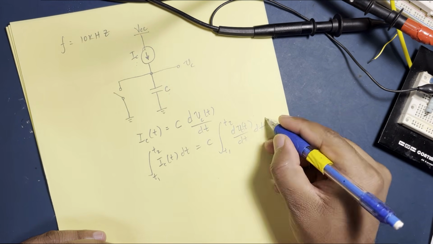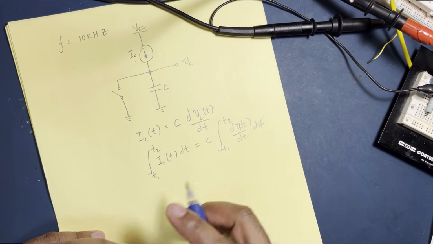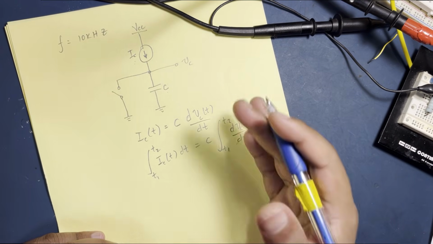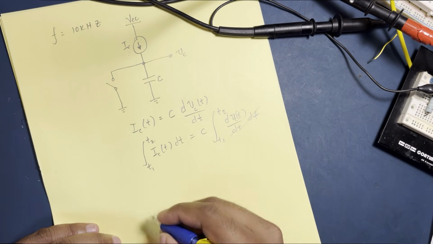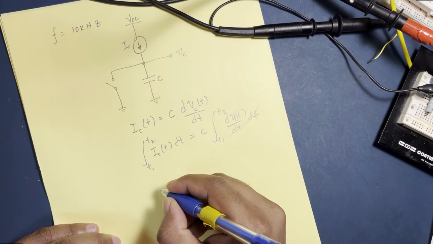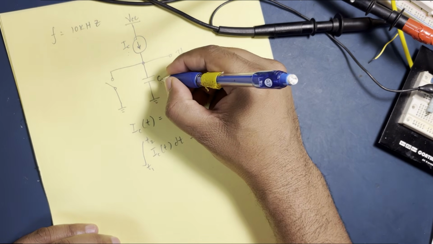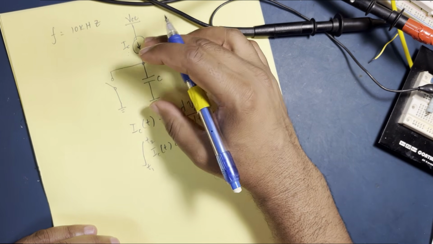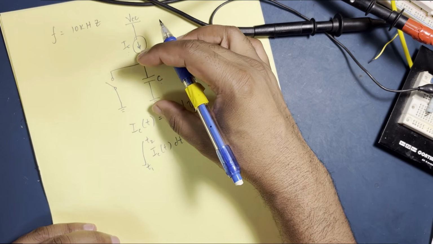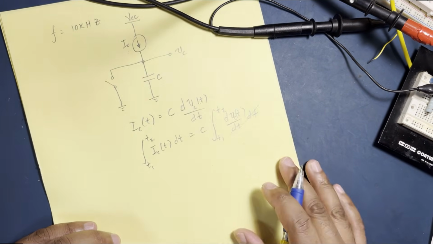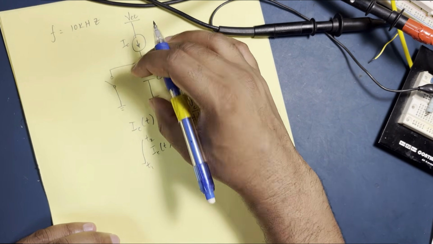When you do this, the differentials cancel, and again, this is a first order differential equation that you can quickly solve. We're also going to assume that the capacitor didn't have any charge to begin with. The capacitor is in a discharged state, so the initial condition is 0. No charge across it, which means no voltage.